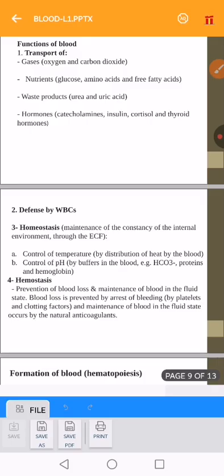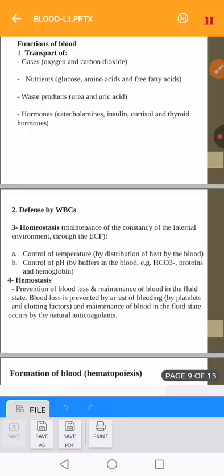Okay, so hemostasis is different. You should differentiate homeostasis, the maintenance of the internal environment, from hemostasis, the maintenance of the blood. So it prevents blood loss through the platelets and clotting factors, and prevents clotting of the blood, maintaining the blood in the fluid state through the natural anticoagulants.